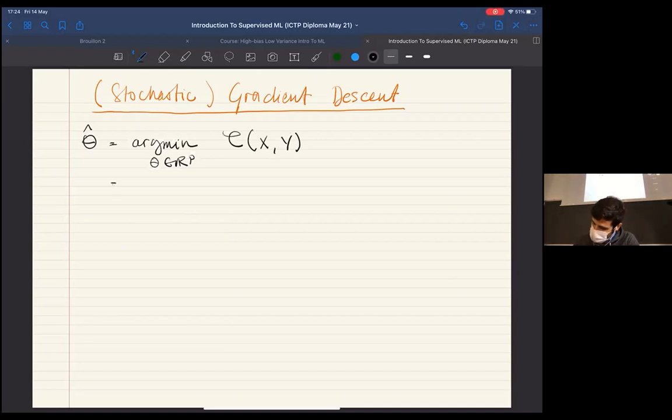Okay, and often, not to say always, this cost can be decomposed as a sum over the samples.